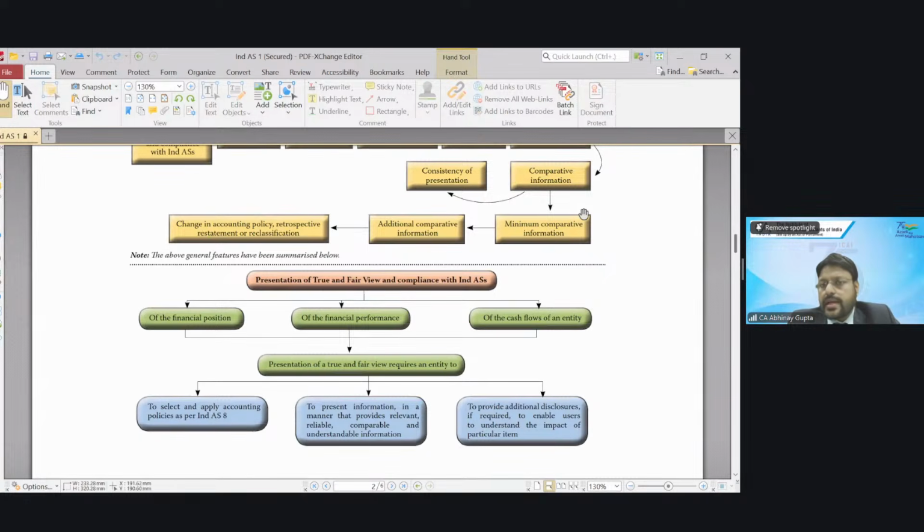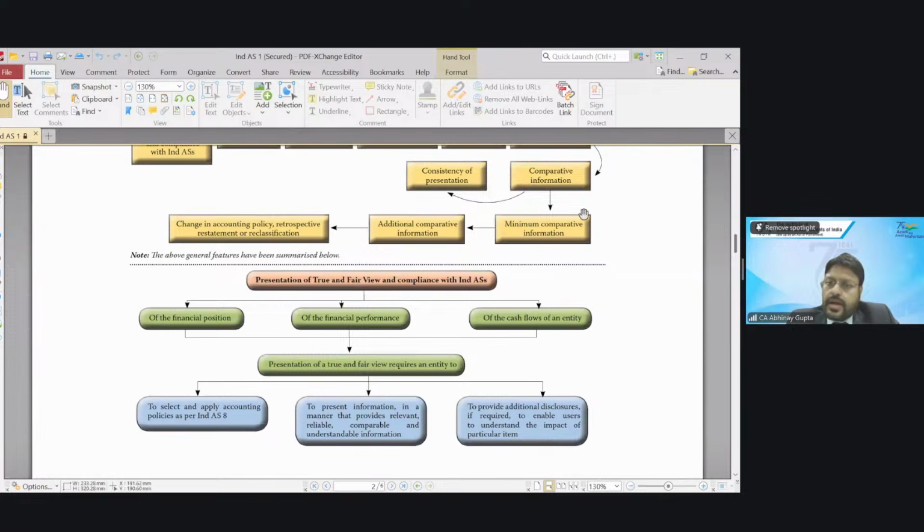So it's not like we have a free choice available with us. Whenever we want, we can change the accounting policy. It is not that. As per Ind AS 8, it has to be either more reliable or more relevant, right? So those conditions need to be met and demonstrated before we go and change the accounting policy, right?